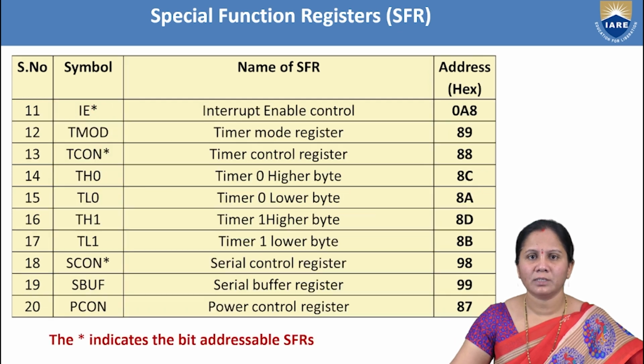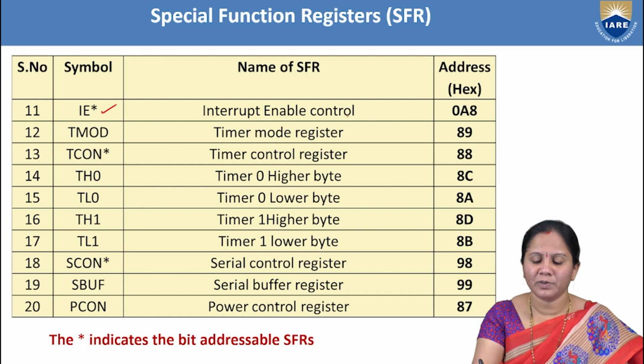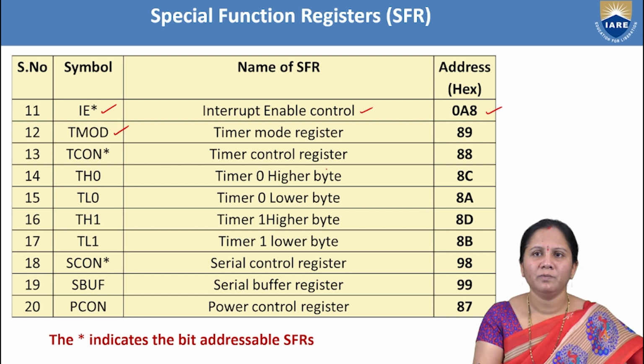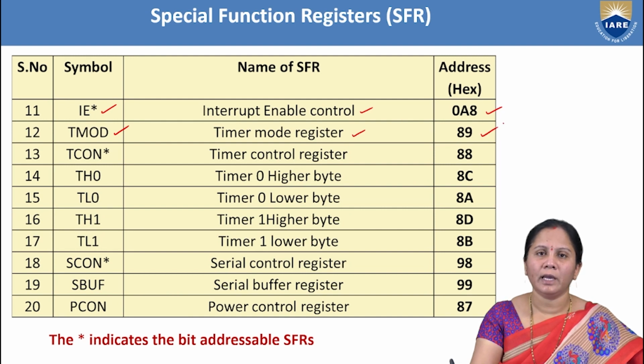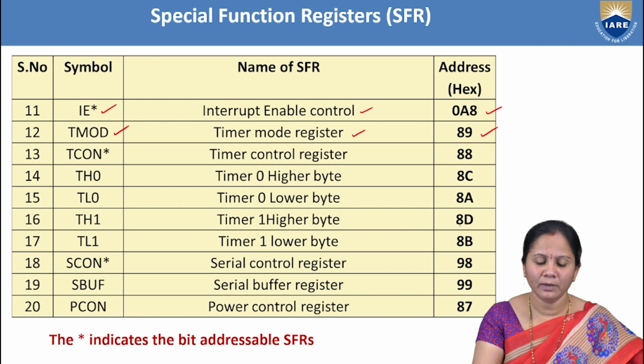They are not fixed. We also have the IE register, which stands for interrupt enable control. Its address is A8. Another register is TMOD, which stands for timer mode register. Its address is 89. All these addresses are fixed for particular registers in 8051.